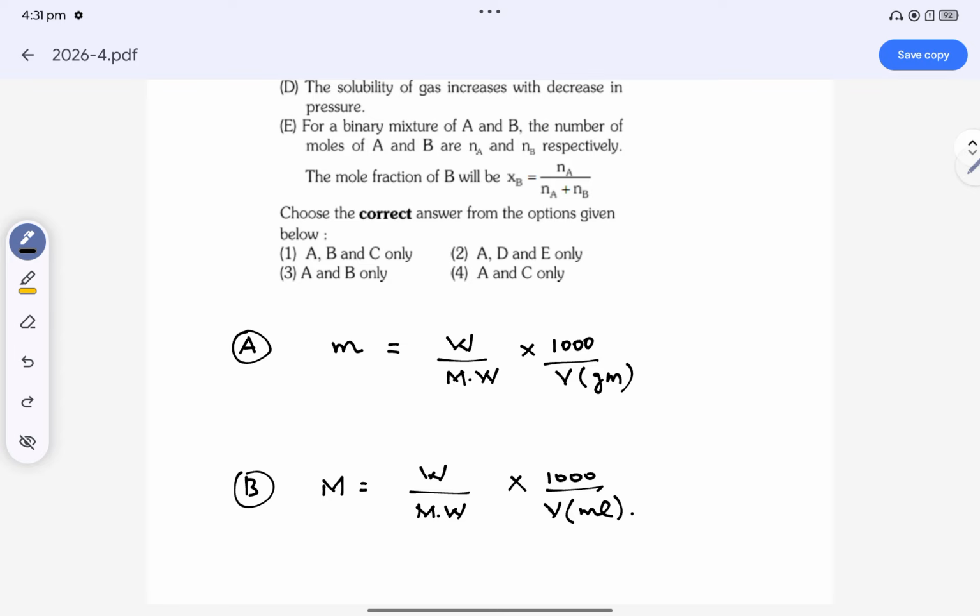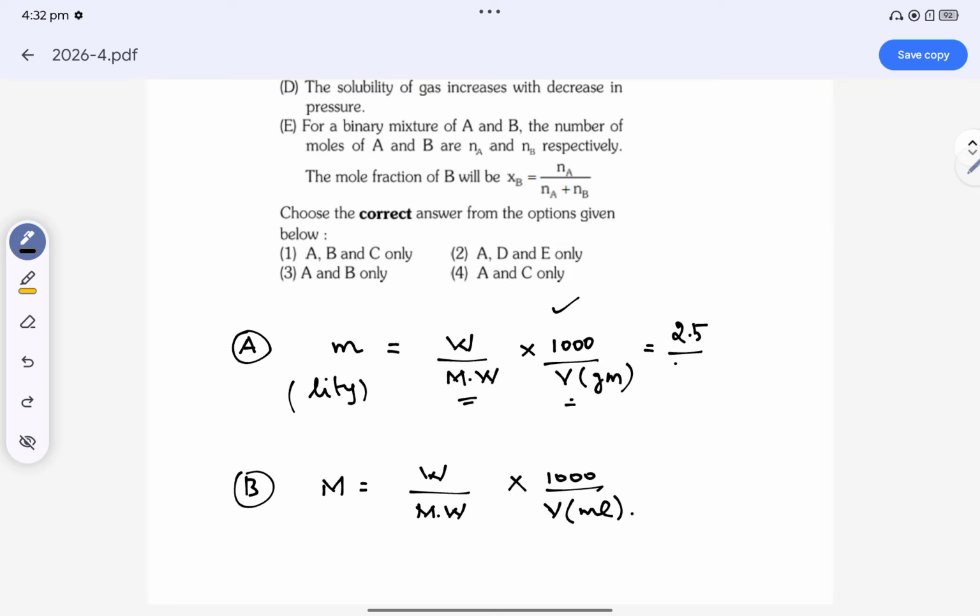For molality, we are doing this problem by using this formula: weight of the solute divided by molecular weight of the solute into the weight of the solvent, particularly benzene here. Here benzene is the solvent. So I am adding the values. 2.5 gram is given.